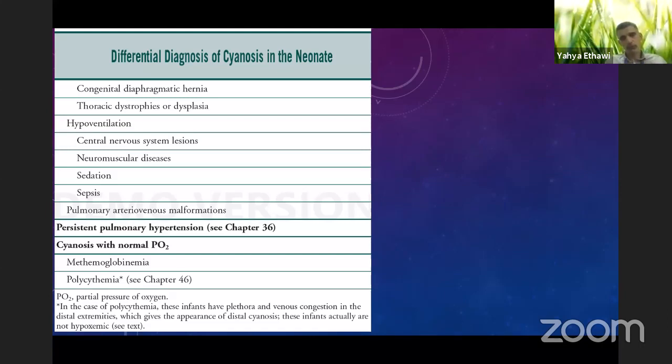To make sure whether it is carboxy or methemoglobin, there is something called CO pulse oximetry, where it can measure carbon monoxide, not the dioxide, and you can differentiate between methemoglobin and carboxyhemoglobin or other types of hemoglobin, such as sulfhemoglobin. Or sometimes you have to use blood gas analysis to see.